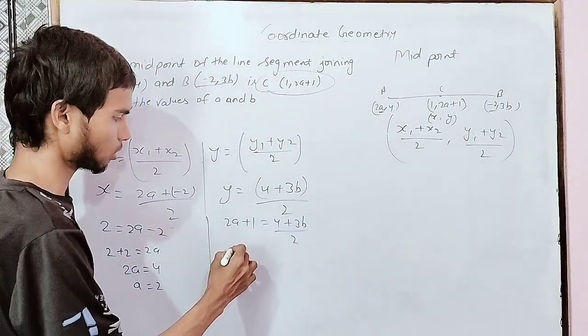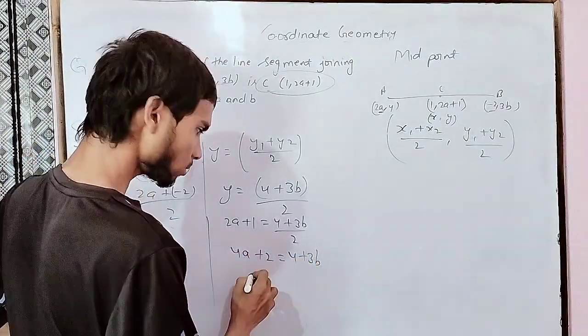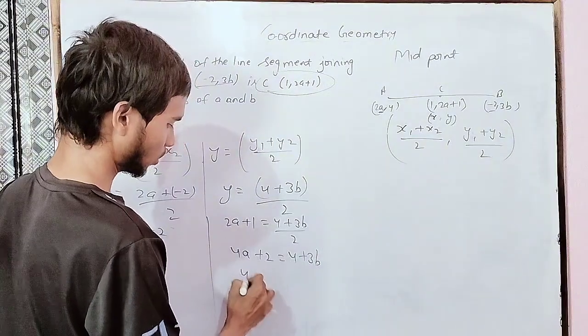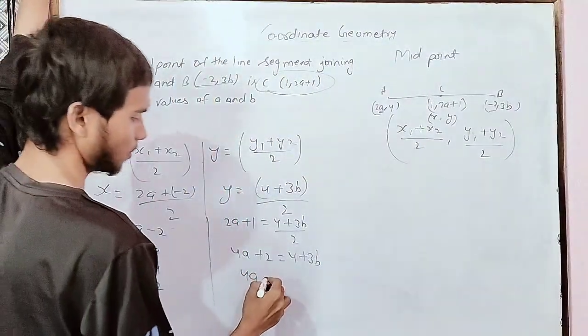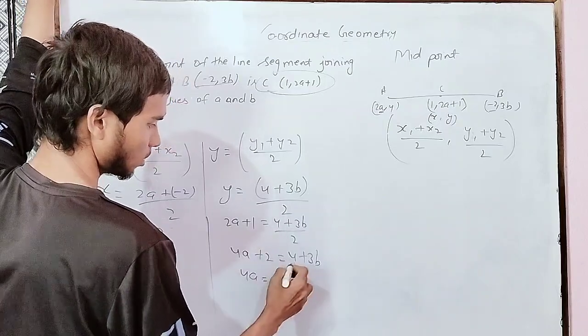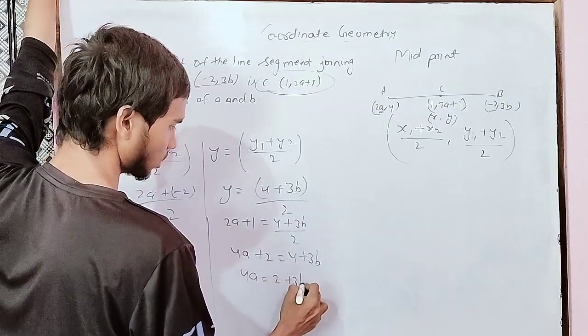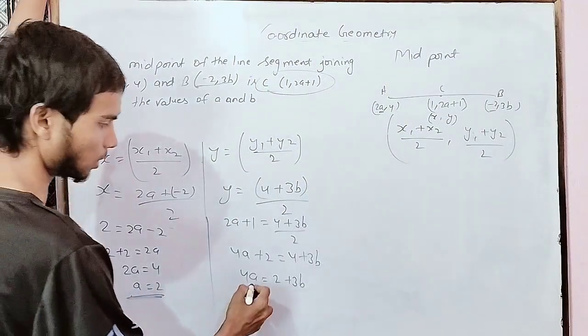Now from the second equation, 4a equals 2 plus 3b. We can put the value of a in place of a.